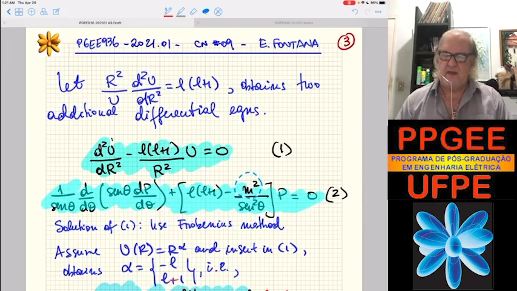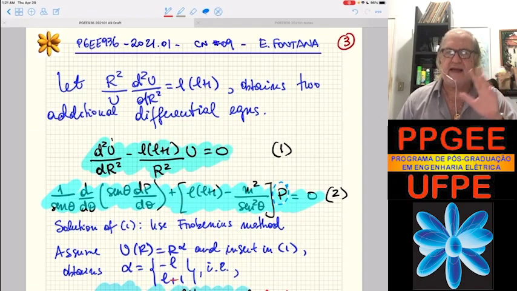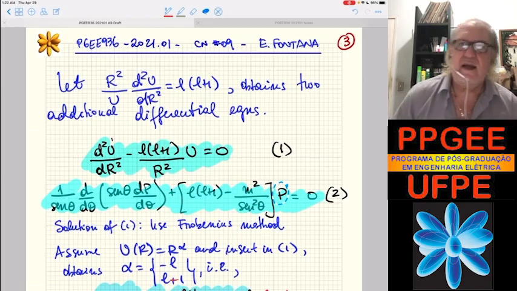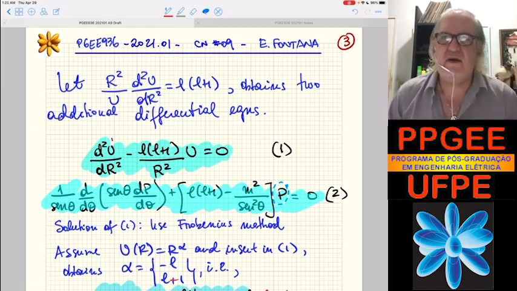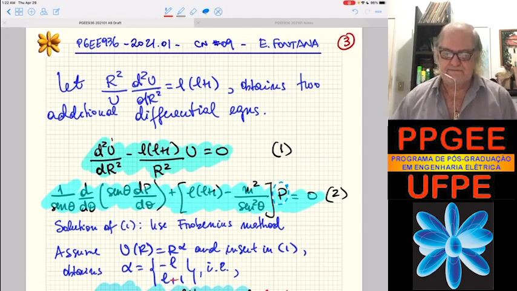So it means that a solution that I obtain here, if I change the sign of m, doesn't change. It must be the same solution, right? Because of m squared: for a given index m equals plus 1, we have a solution. The other one, for m equals minus 1, must be a copy of this first solution. They are not independent.